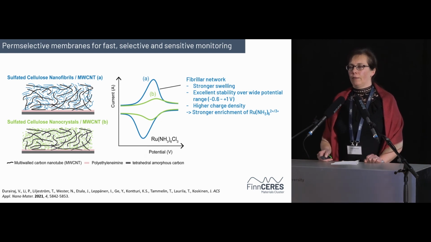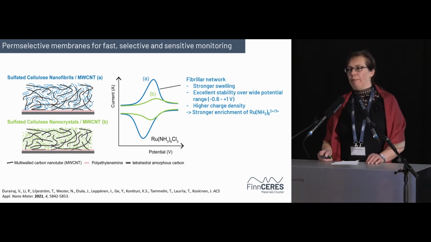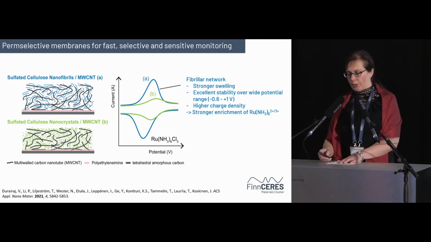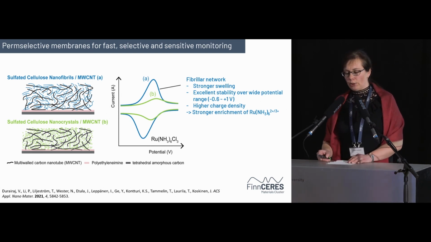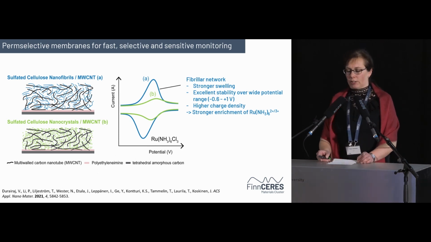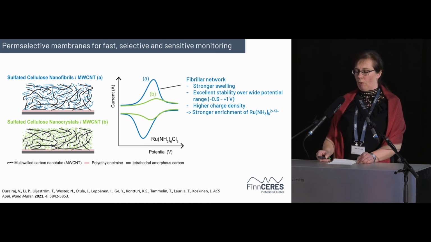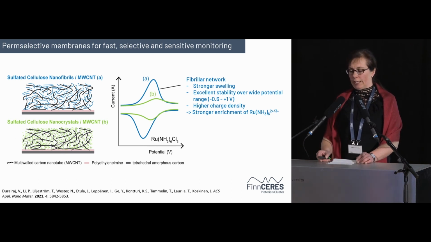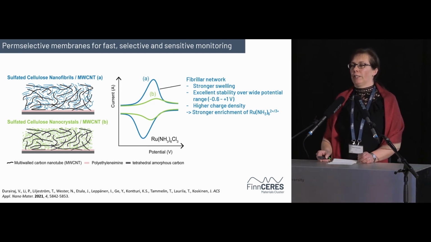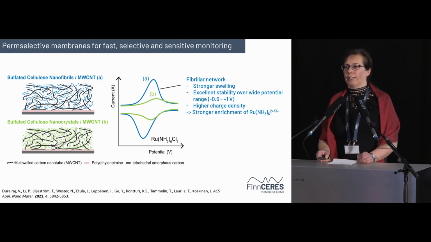Here the electrochemical activity has been followed by using an electrolyte, hexaammineruthenium trichloride, which is a very typical electrolyte to probe the electrochemical performance of materials in cyclic voltammetry. Here you can see a much stronger response from the fibrillar network compared to the CNC network.